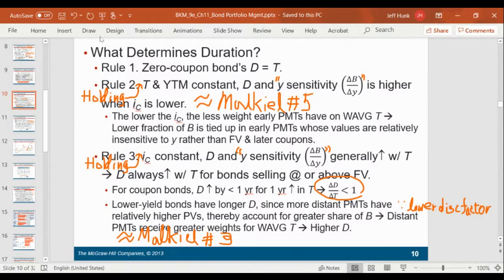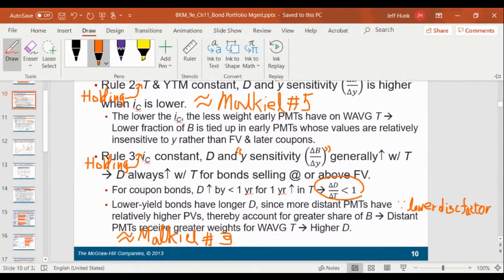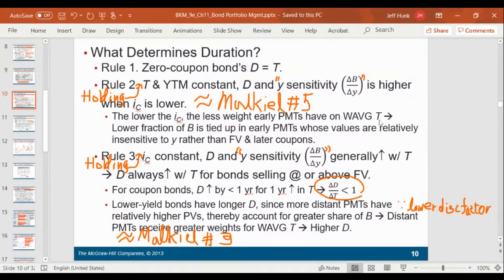In other words, what does this mean? This is the weighted average of time. This is another way of saying D, right? Now, the lower fraction of that means a lower fraction of the bond price is tied up in early coupon payments, whose values are relatively insensitive to interest rate, rather than face value and later coupons, right?